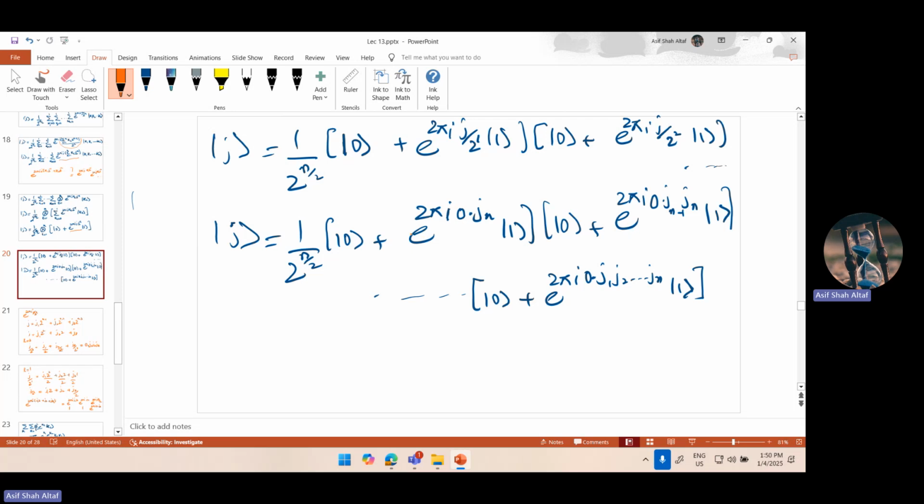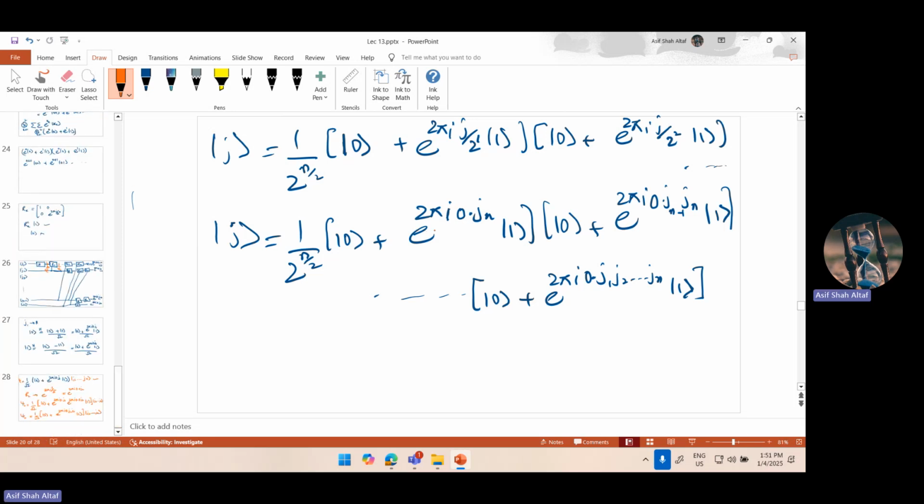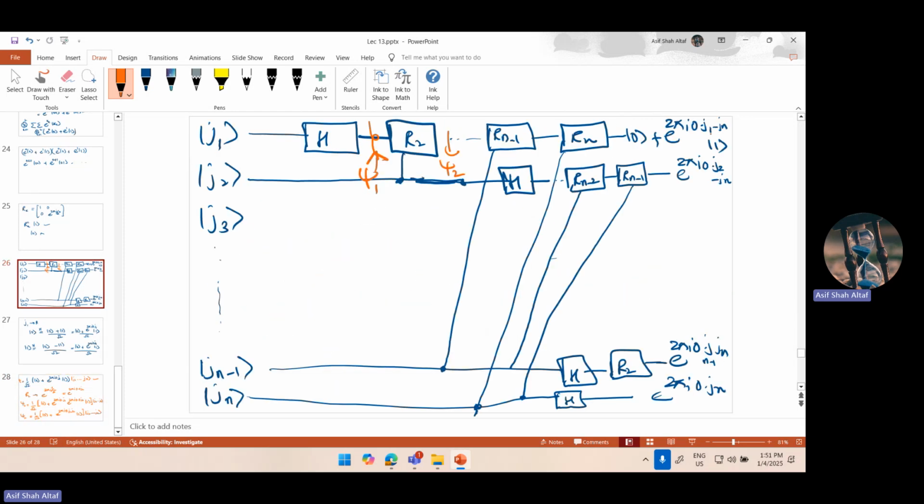You have the first term with only 0.Jn, then you have 0.Jn-1 Jn, and finally the last term here is 0.J1 to Jn. The only difference is that here we have the first term as this one, and there we have the first term as 0.J1 to Jn. So you can use some swap gates to do that. That's not a big thing to do.